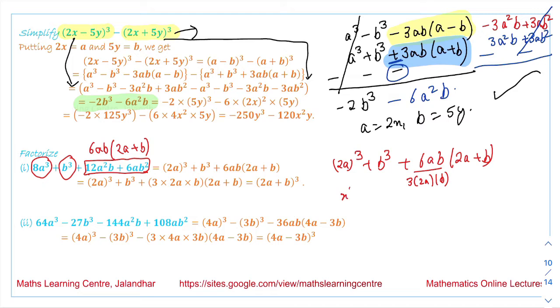So this is just like the formula x cube plus y cube plus 3xy into (x plus y), and this is the formula for (x plus y) whole cube. So x is 2a and y is b, so it is (2a plus b) whole cube.